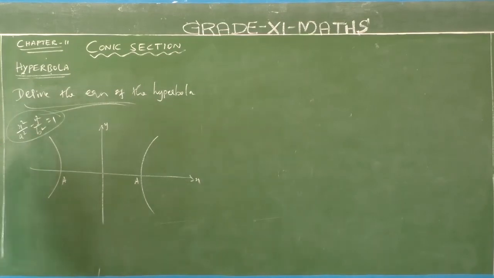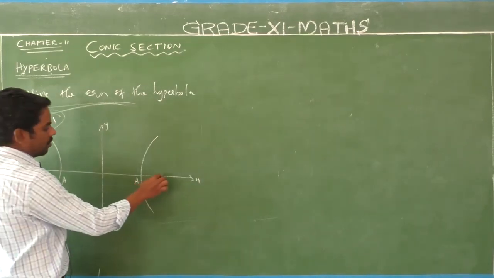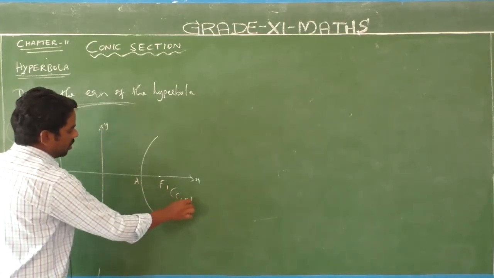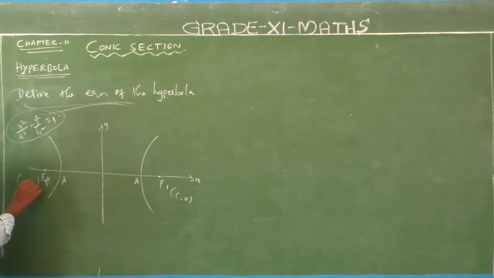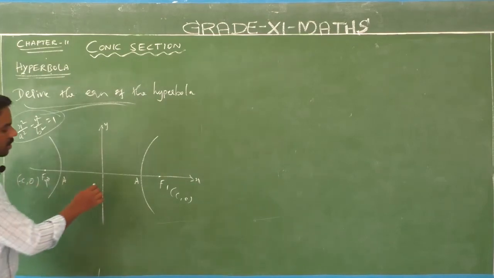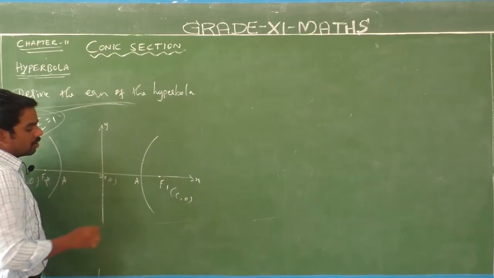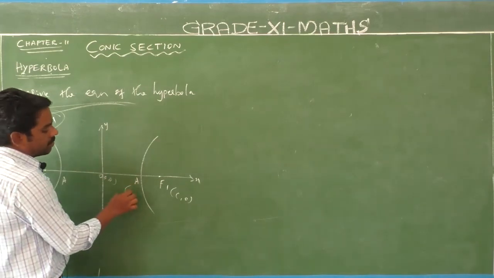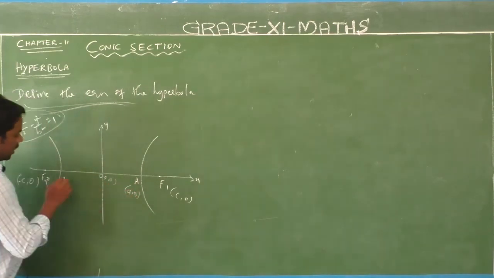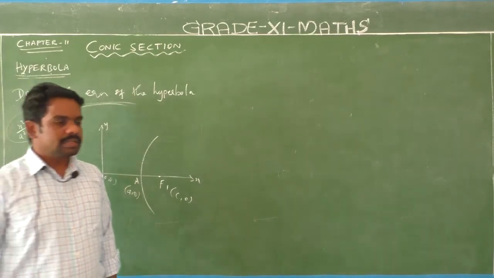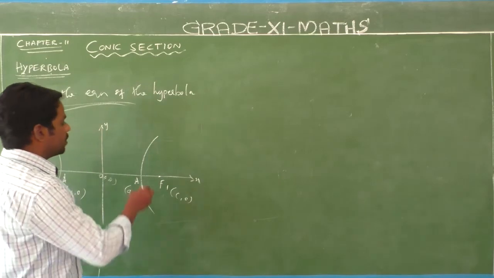Okay, first type equation. F1 and F2 are the foci. F1 is (c, 0) and F2 is (minus c, 0). The center is O, 0, 0. A is (a, 0) and A dash is (minus a, 0). Let us consider any point on this plane, P.